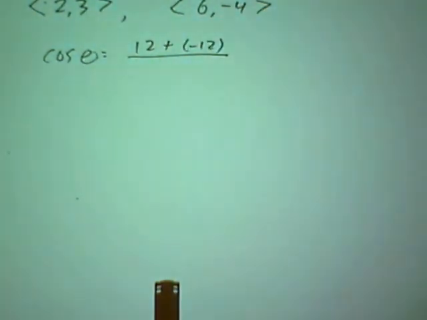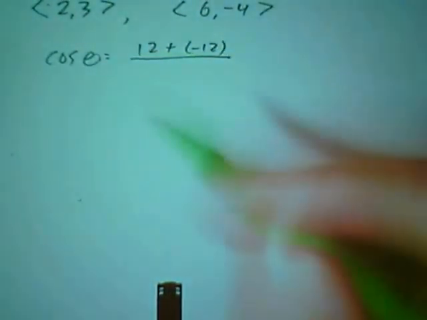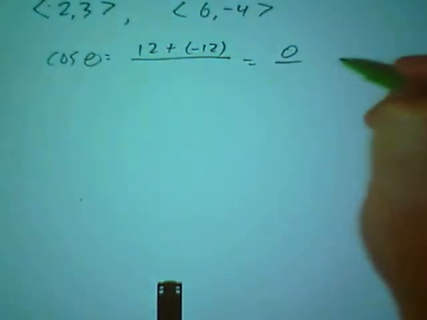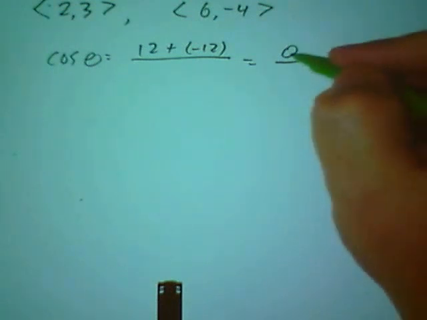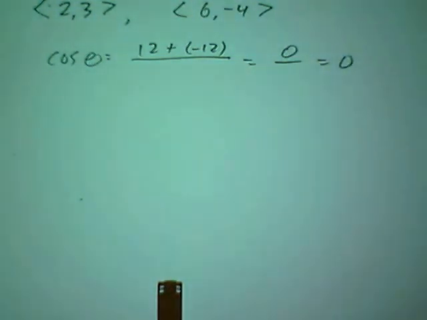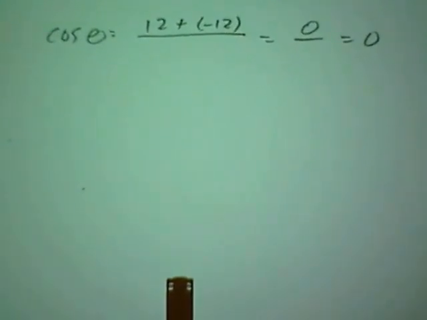Now I can go ahead and calculate the denominator, but I don't even need to, because I can see right now what my dot product is going to equal: 12 plus negative 12. It's going to be 0, so 0 over anything is 0. I can actually stop right now and say, for those two vectors, the cosine of the angle between them is 0.